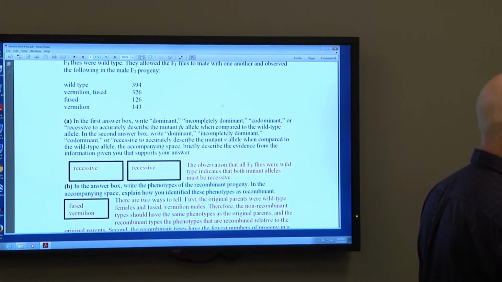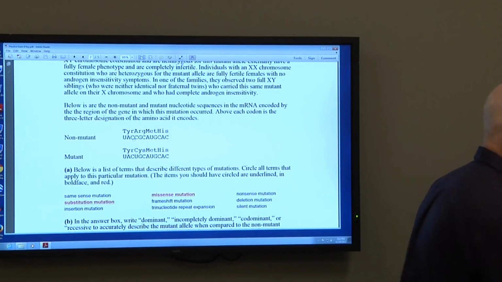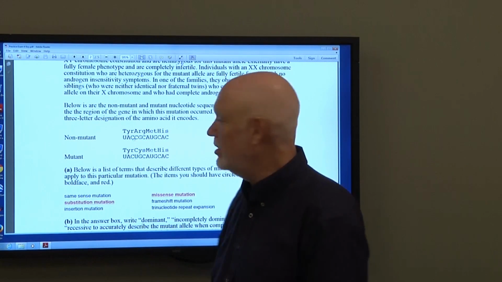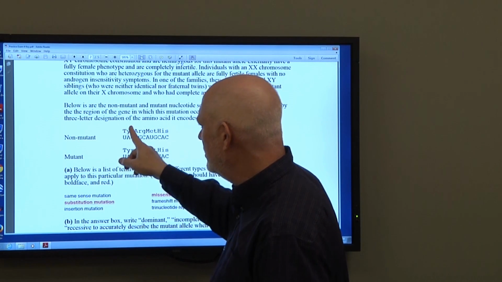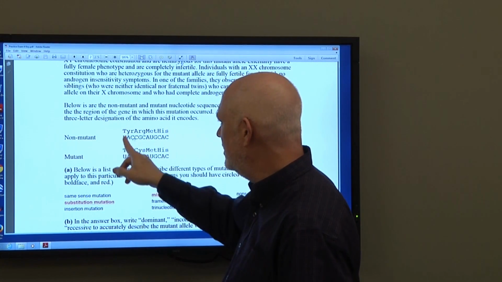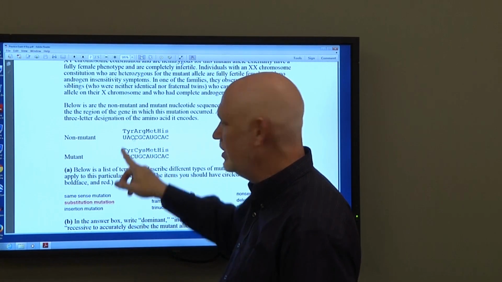Notice too that in asking you these sorts of questions, this is a common way to write the amino acids encoded by certain codons. If you use a 3-letter designation of the amino acid, for instance, tyrosine here, then you can put 1 letter above each of the nucleotides of the codon.